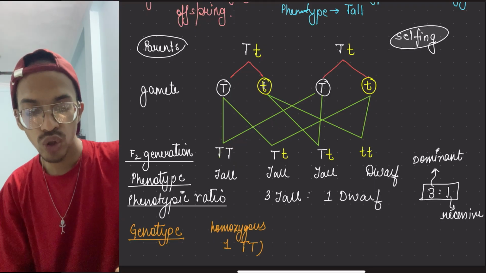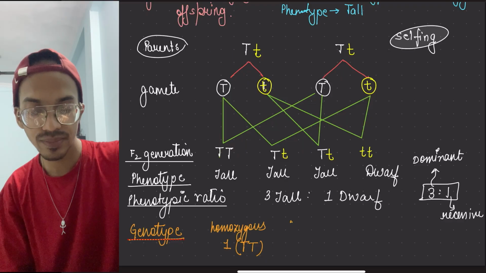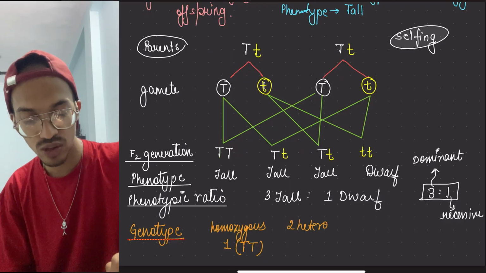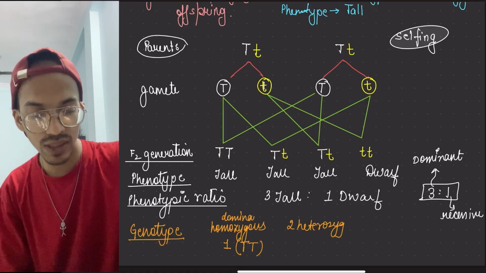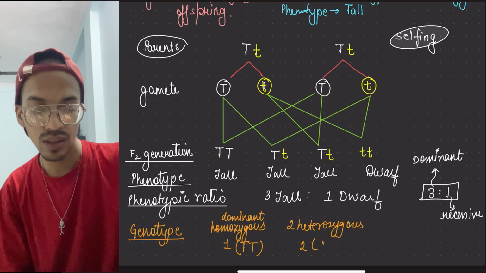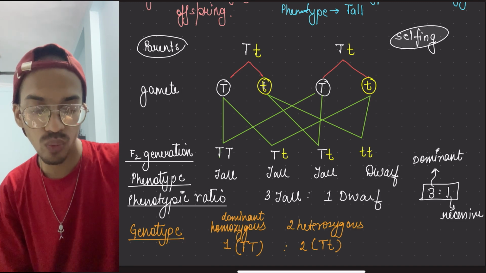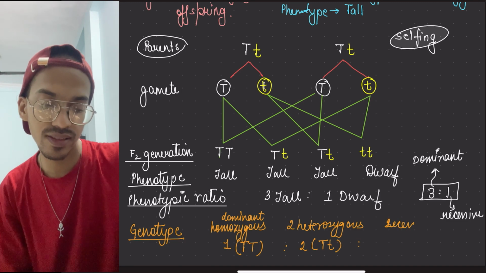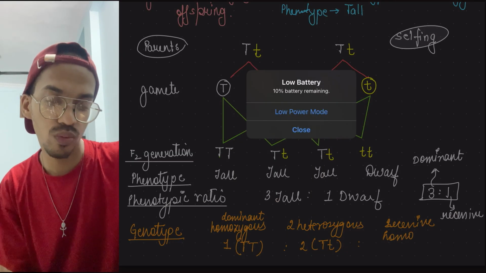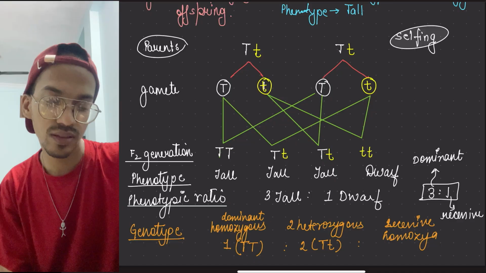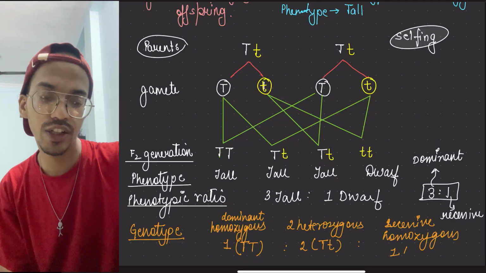Then I have 2 heterozygous, capital T small t. And 1 is recessive homozygous, small t small t. So the genotypic ratio is 1:2:1.